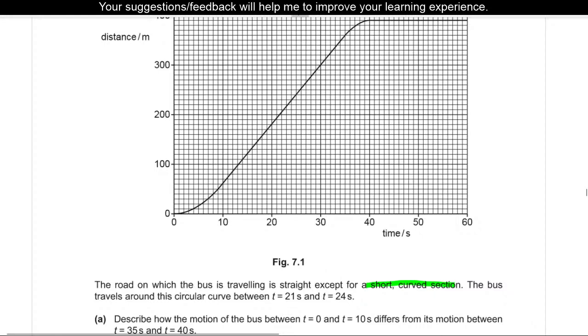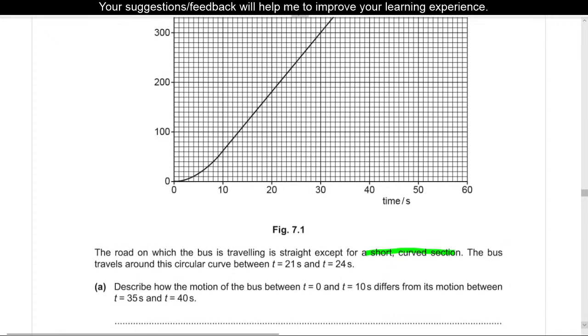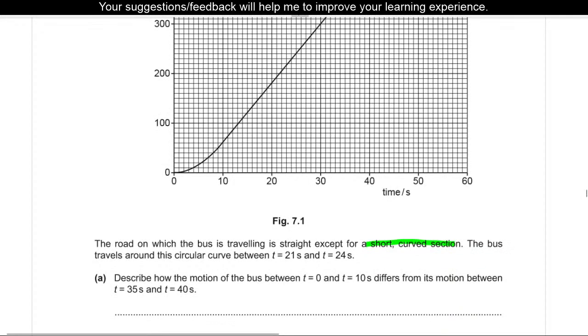The bus travels around this circular curve between time 21 seconds and time 24 seconds. Describe how the motion of the bus between t = 0 and t = 10 seconds differs from its motion between t = 35 seconds and t = 40 seconds.